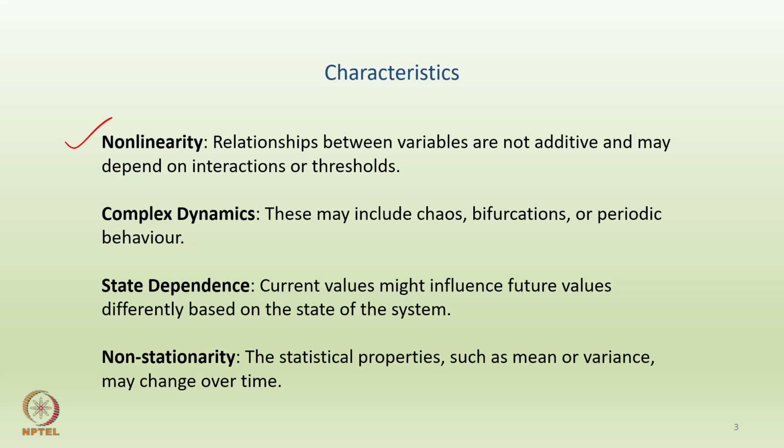So, relationships between variables are not additive and may depend on interactions or certain thresholds. Okay. So, whenever it comes to additive models, we assume that additive models are linear in structure or they can be transformed to a linear structure, but wherever the relationships are not additive between the variables and may depend on some interaction.